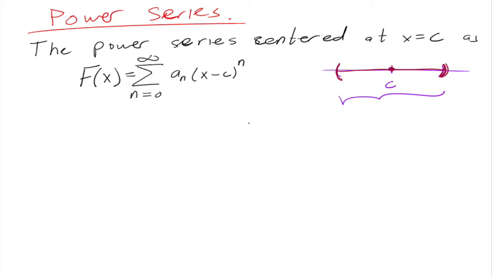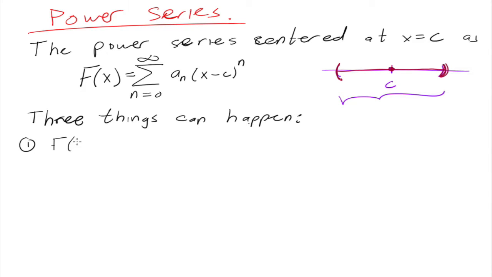So three things can happen regarding convergence. The first thing that can happen is that f of x only converges for x equals c.